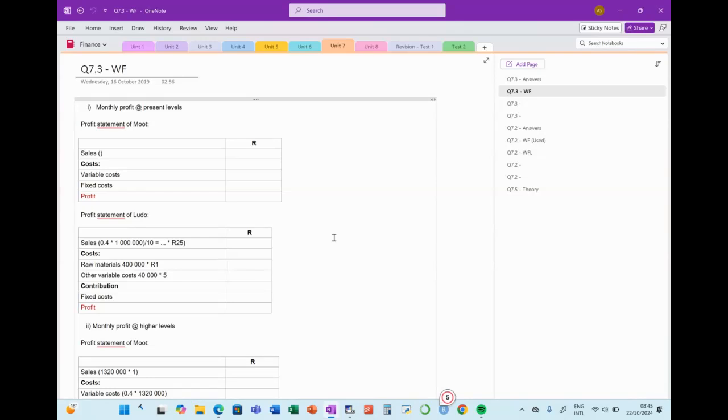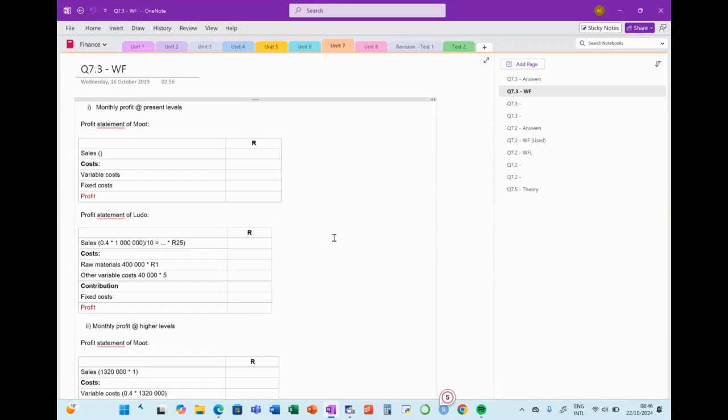Moot's production capacity is 1,400 meters per month, but owing to strong competition, it budgets to sell 1 million meters of material per month. Therefore, at 100,000 batches, 10 meters per batch. Its variable costs are 0.40 rand per meter, and its fixed costs are 75,000 per month. Okay, so that's the breakdown for Moot.